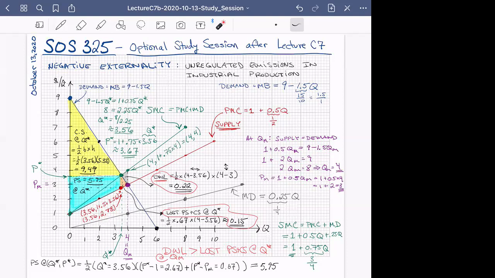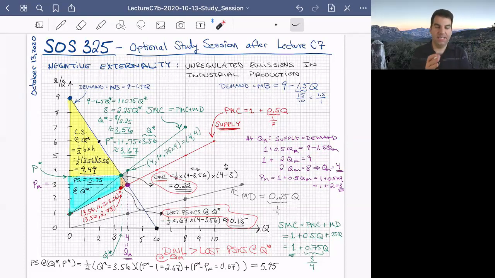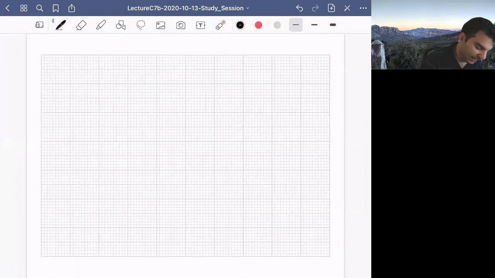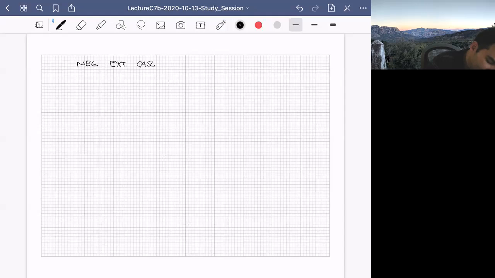Not to make you repeat yourself again, but the difference between the deadweight loss and the loss of consumer surplus and producer surplus at the socially efficient equilibrium, can you repeat that difference again? Yeah, so the deadweight loss is, and maybe I could just write this down, for the negative externality case, the deadweight loss is at the market equilibrium.